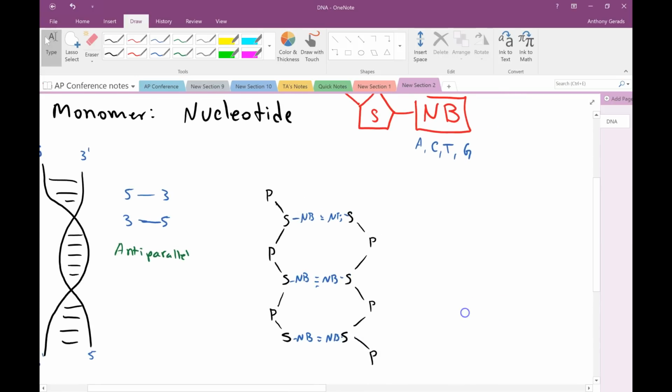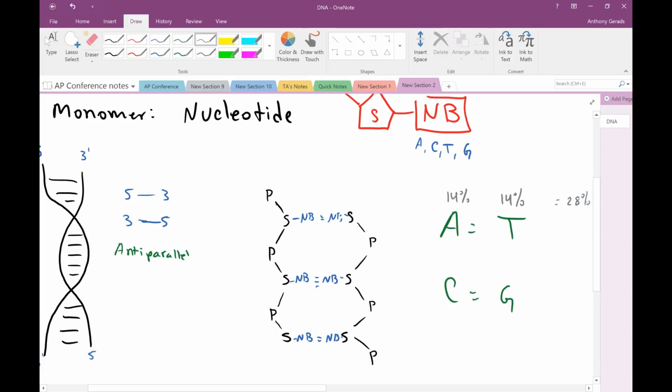Okay. And remember, as I'm doing this, the percent of A's is going to equal the percent of T's, and the percent of C's is going to equal the percent of G's. So if I were looking at the percent of A's, and let's say the percent of A's is 14%, what would the percent of T's be? 14. What do you know? 14%. Okay? Those collectively equal 28%.